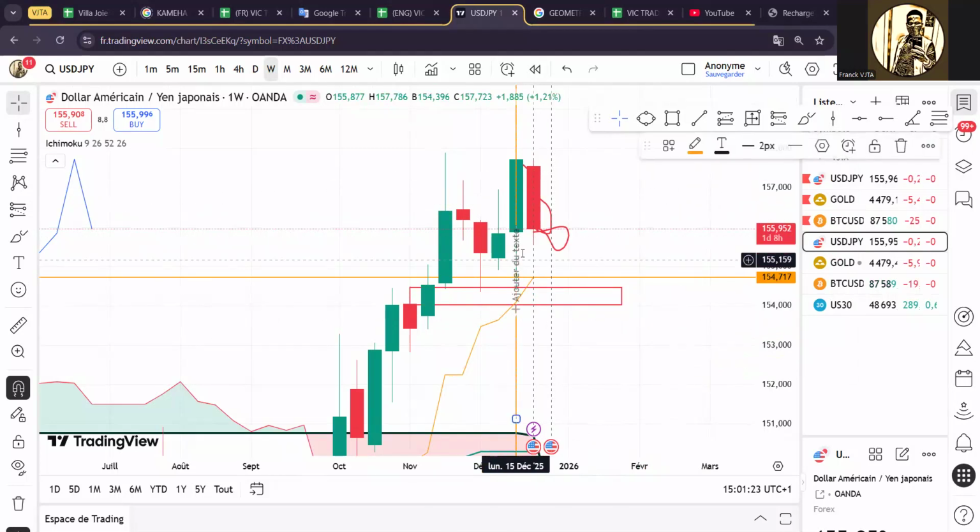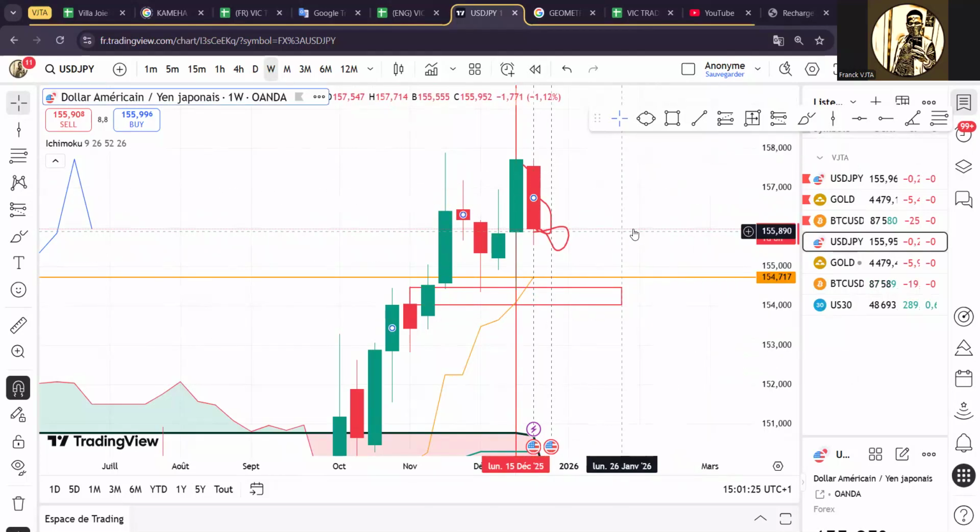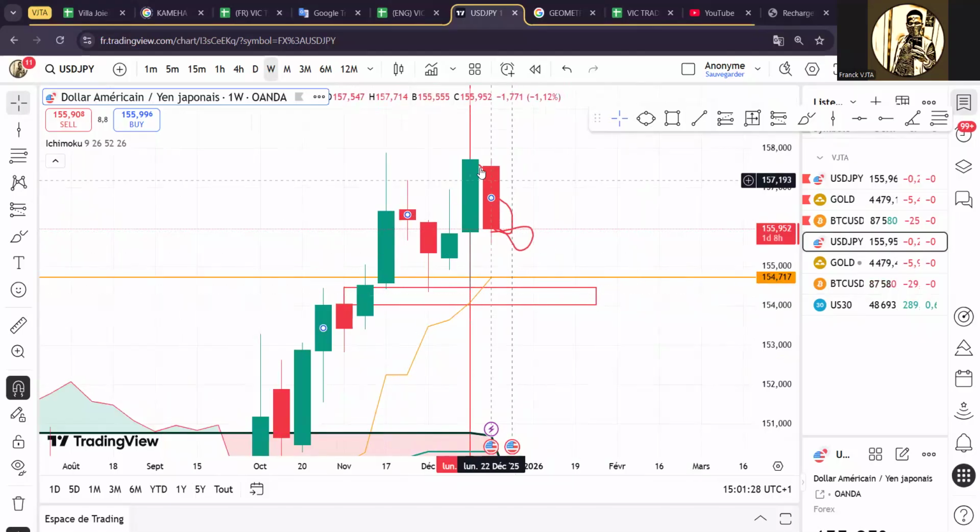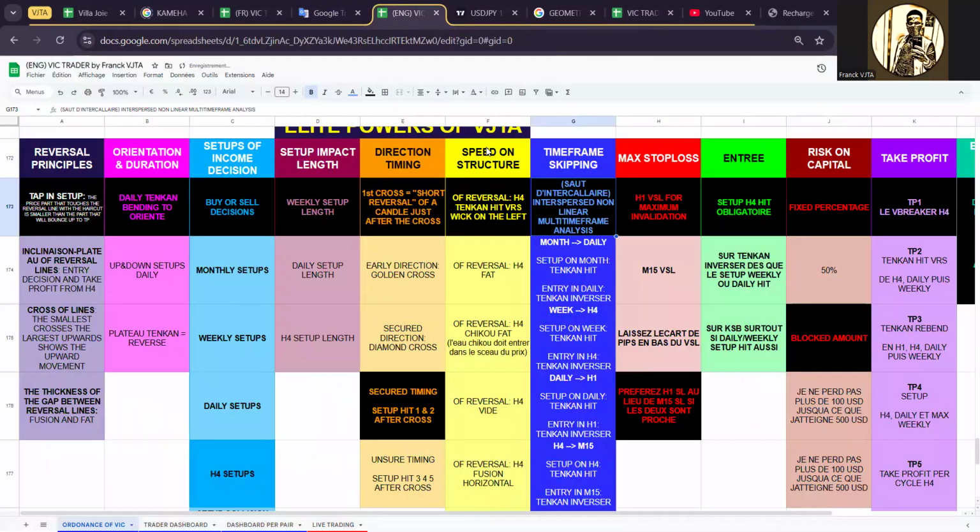The candle starts to bend to the downside. So that's what happened there. When Tenkan hit the variance, you already know that is the first speed on structure. Normally, I should have said speed on setups like this, but I prefer to say speed on structure.